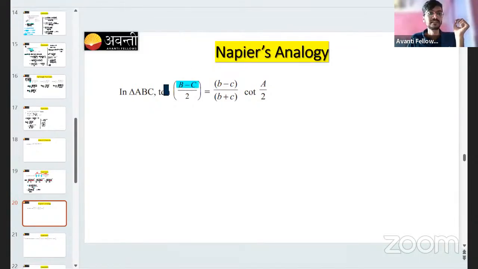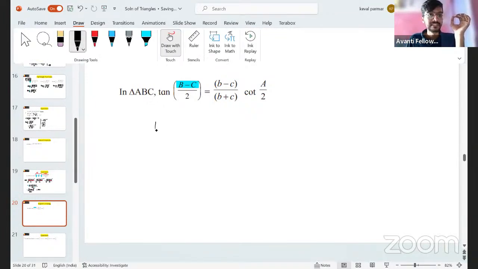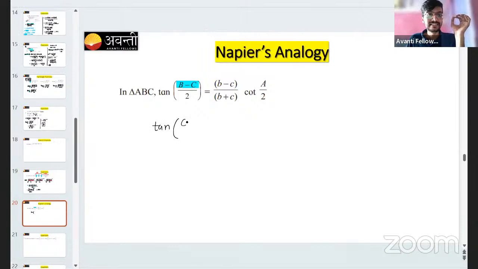The angles. The angle is B minus C upon 2. It is fine, we can adjust the upon 2 anytime. But the angle is B minus C. So similarly, I can write C minus A. Don't break the cyclicity here. Don't write A minus C. So what will this be?